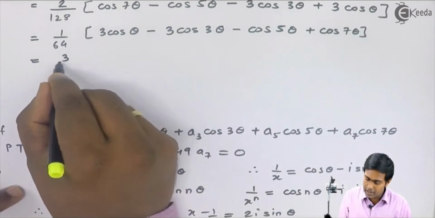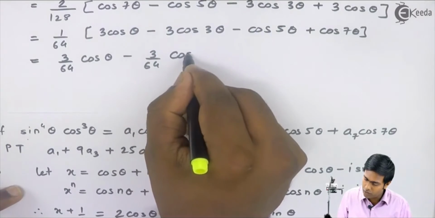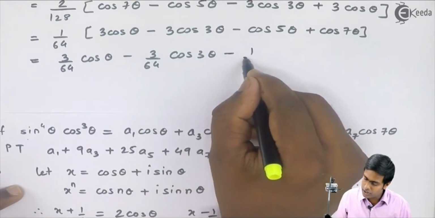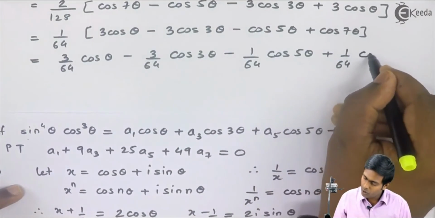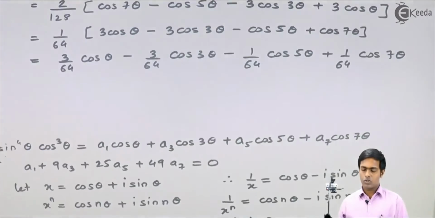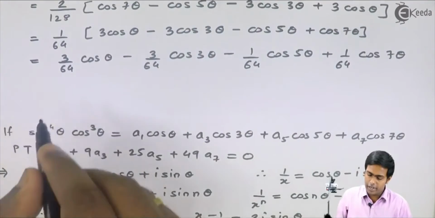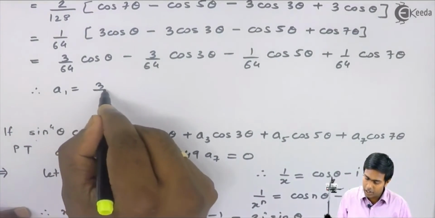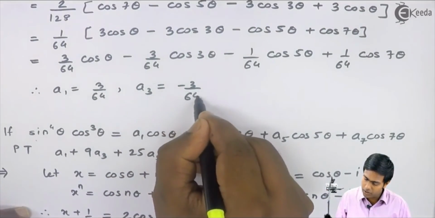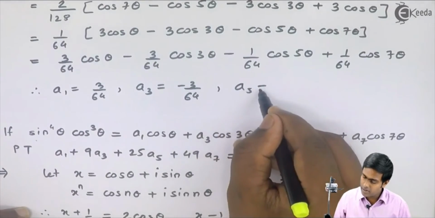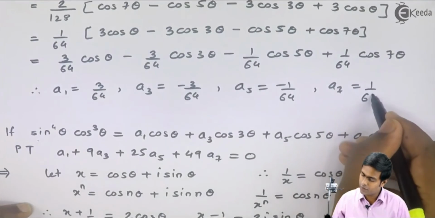Here we will get it as 3 upon 64 cos of theta minus 3 upon 64 cos of 3 theta minus 1 upon 64 cos of 5 theta plus 1 upon 64 cos of 7 theta. So comparing with the original given term, we get a1 as 3 upon 64, a3 as minus 3 upon 64, a5 as minus 1 upon 64 and a7 as 1 upon 64.